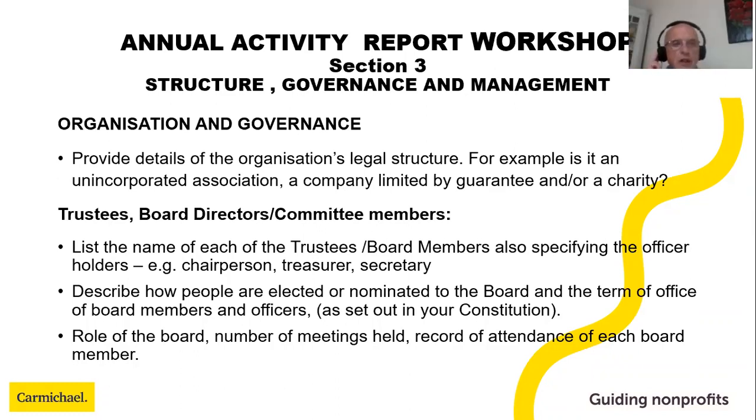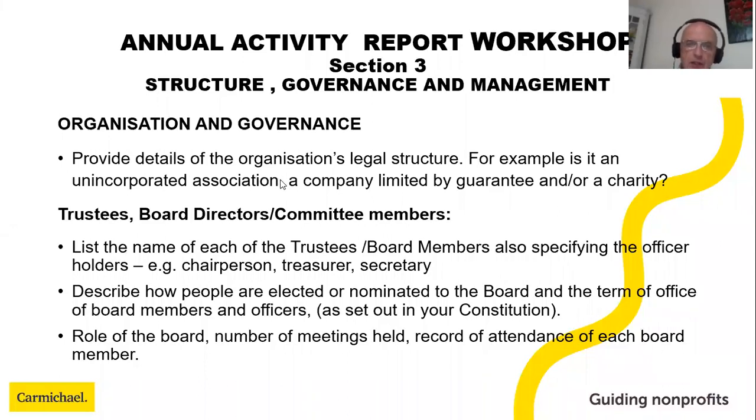Yeah, okay. We move on into section 3, organisation and governance. Here you provide details of your organisation's legal structure. For example, is it an unincorporated association, a company limited by guarantee, or a charity? An unincorporated association obviously is a small local committee that is not legally incorporated.